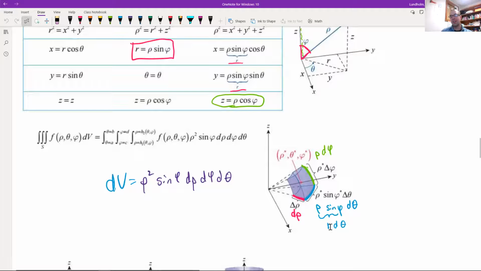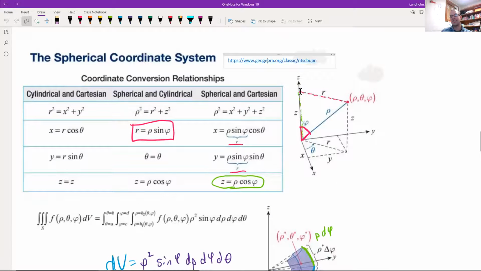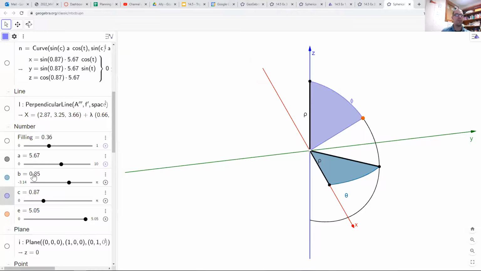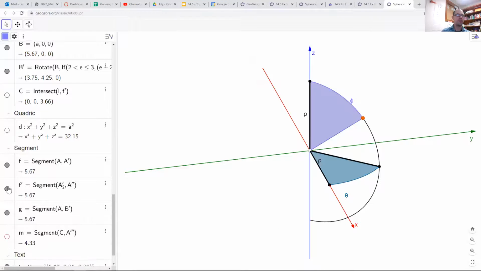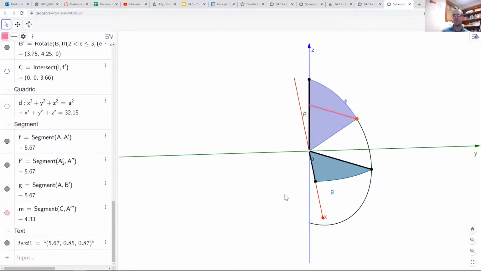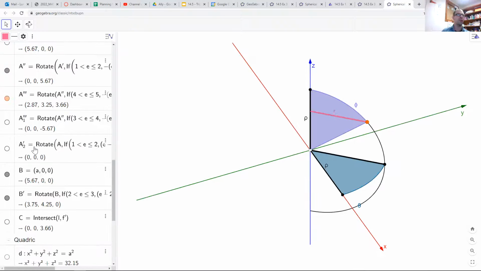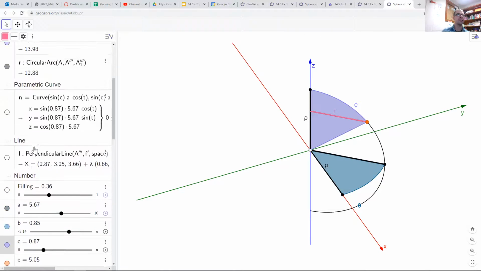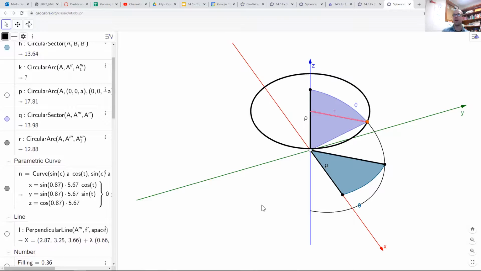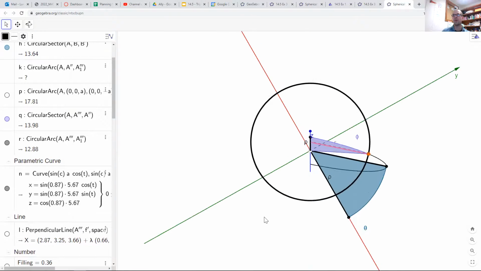which is really just r d theta, where r is just how far out you are in the xy plane. So let's go ahead and I'm going to put that segment here for r back in, and I'm going to create that parametric curve again so that you can see the circle.